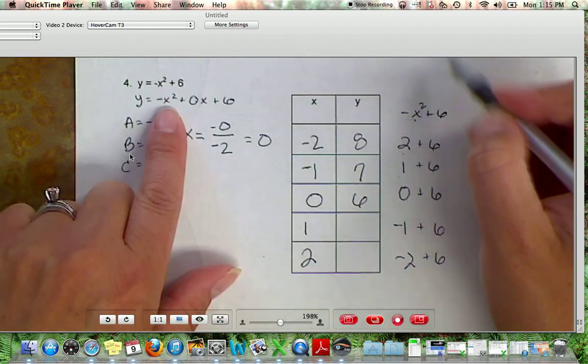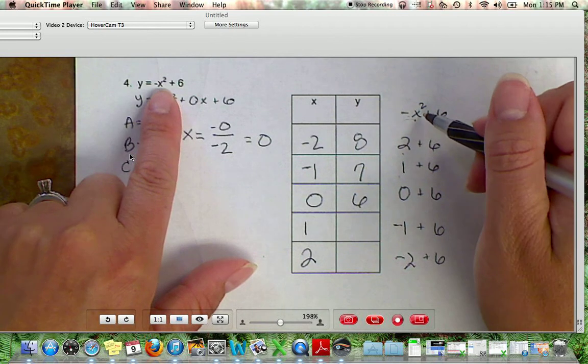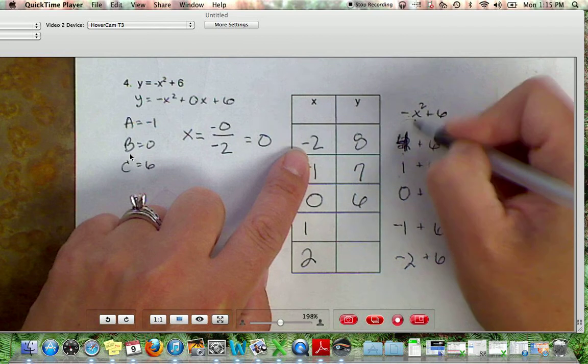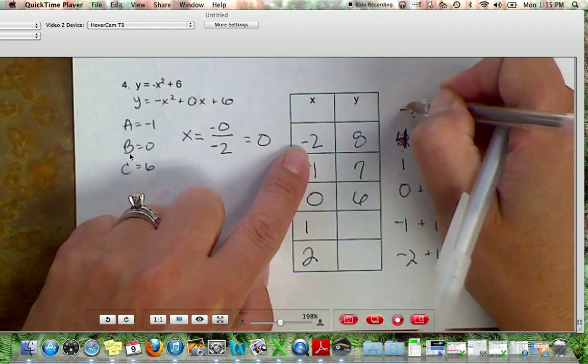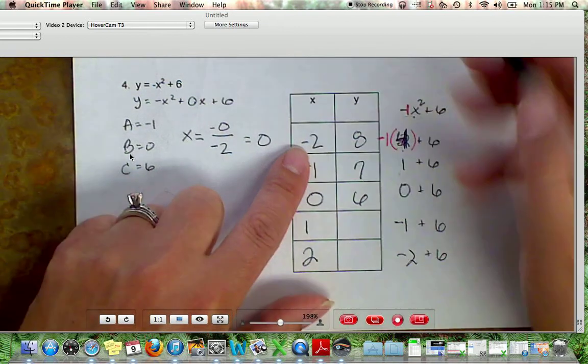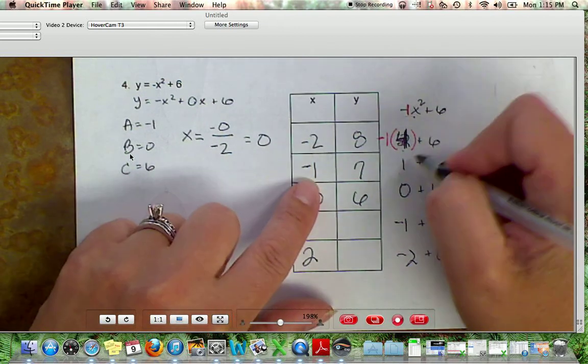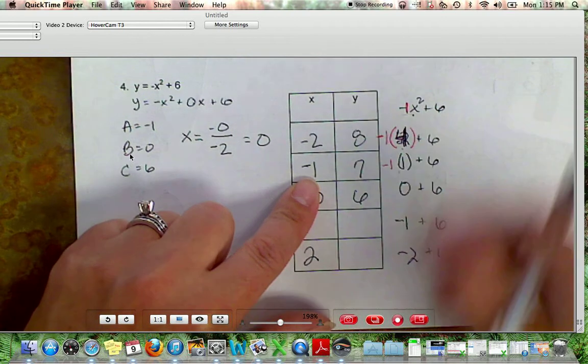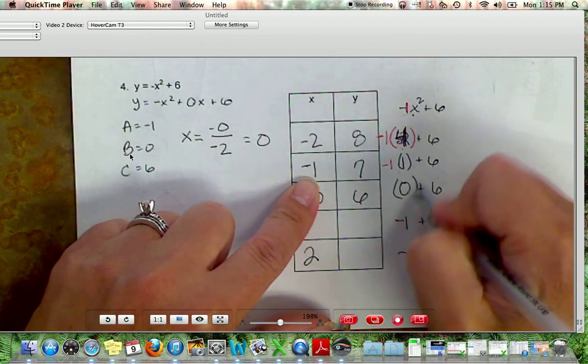I forgot the squared here when I copied it over here. So negative 2 squared would be 4. And then remember, we have like a negative 1 in front of this. Then negative 1 squared would be 1. We have a negative 1 in front of it. This one's going to be fine.